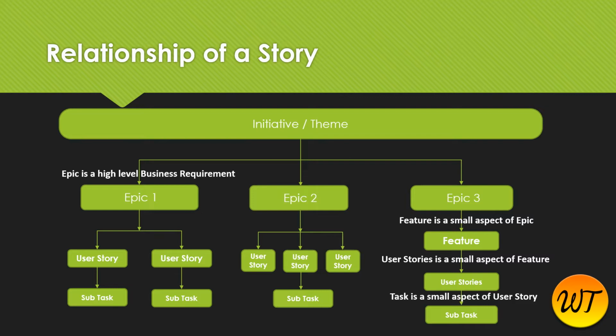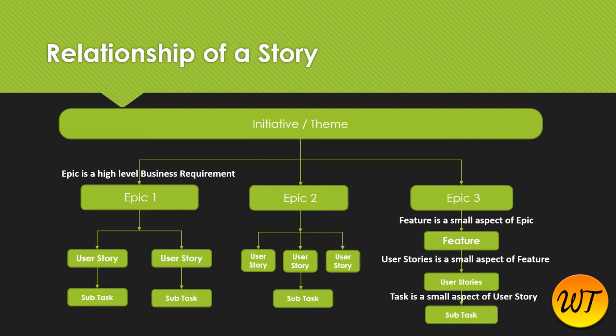Here we are going to see the relationship of a story. The first and foremost is the initiative or themes. If you see, there is something called a product backlog item, so-called PBI. We'll have the entire product requirement in the PBI. The next part is Epic.